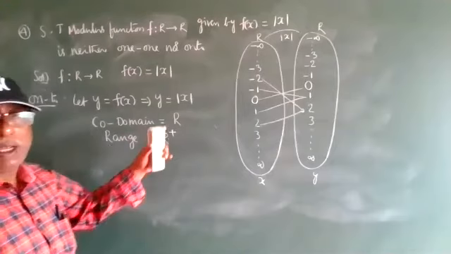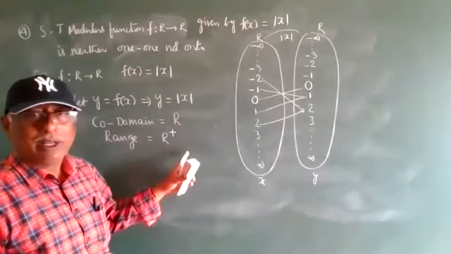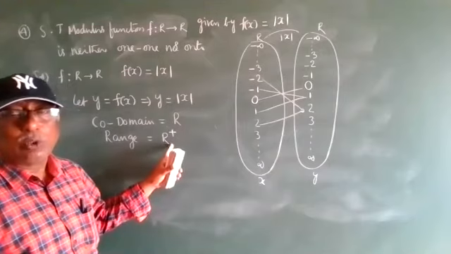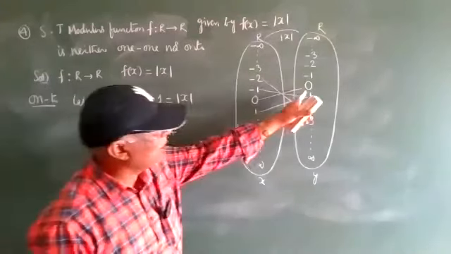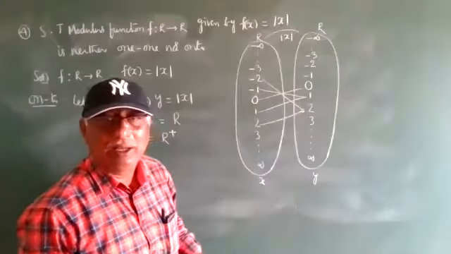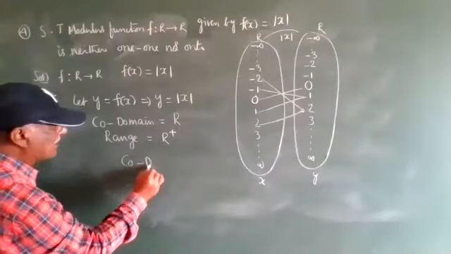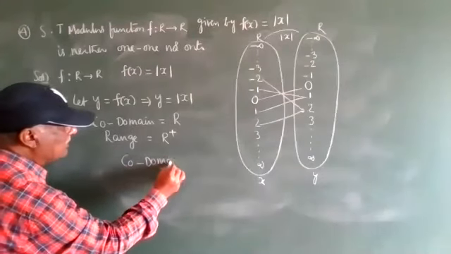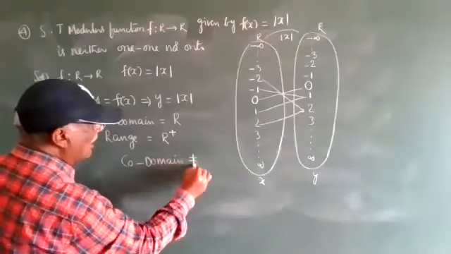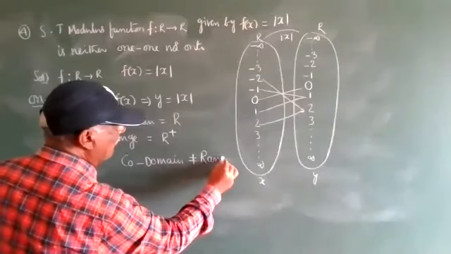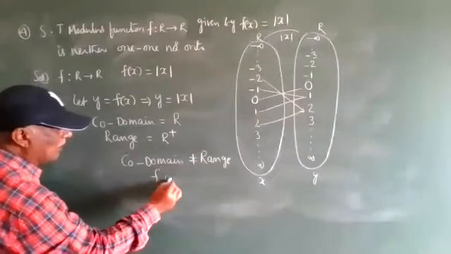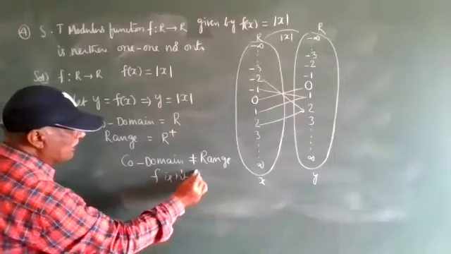So all the real numbers are given as the codomain, but we are getting only positive real numbers. No question of negatives. Therefore, codomain is not equal to range. f is not surjective.